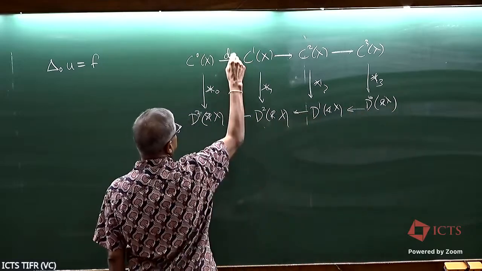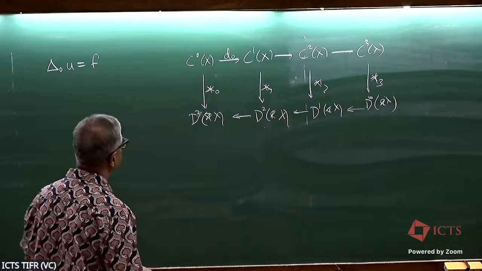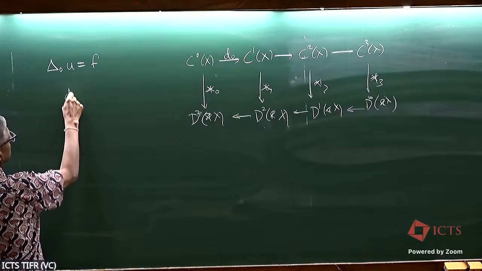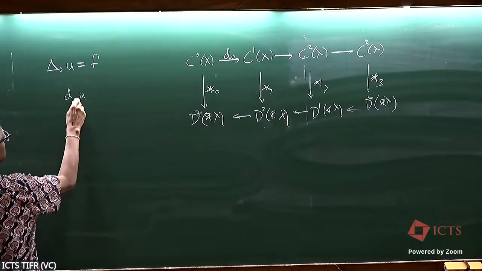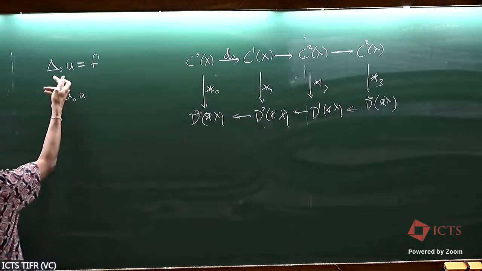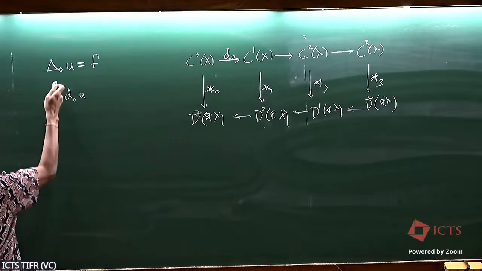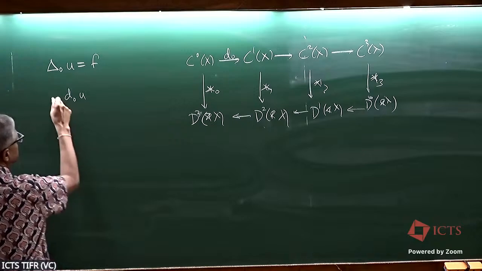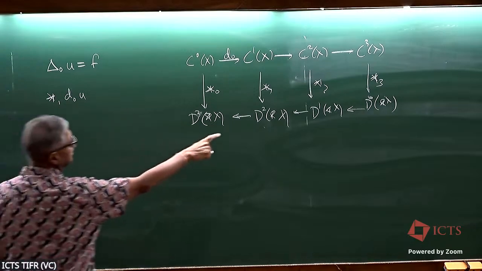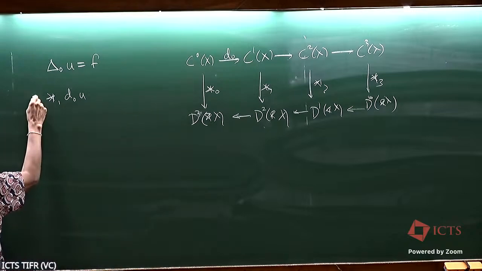So this is d0, and so this Laplacian will be d delta. So you can do d0 u, and then, sorry, delta d, right? So the delta will be star 1. Then this will be the transpose of that, up to sign.